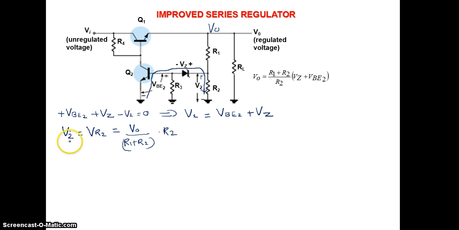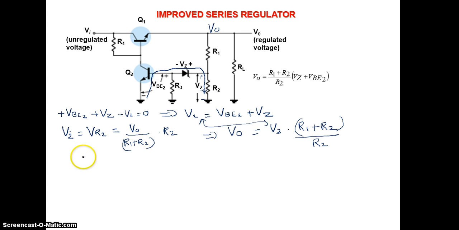Now if I am writing VO, what is my VO? VO should be equal to, just cross multiply, so I can get it as V2 into R1 plus R2 divided by R2. Now here you derived what is V2. Just substitute the value of V2 from here to here.